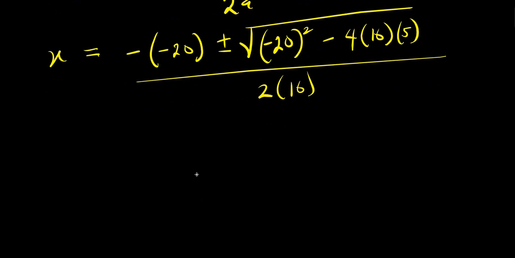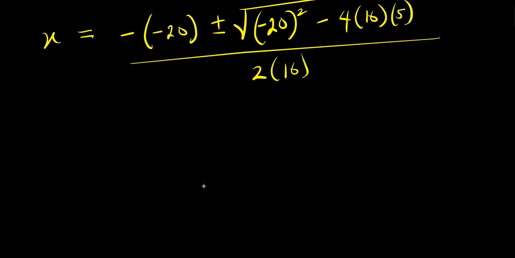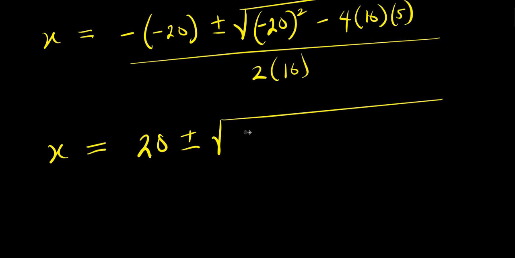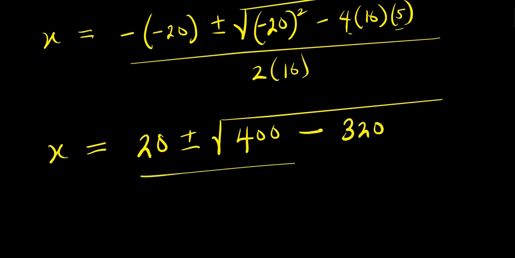So from here, what we are going to have is x equals 20 plus or minus square root of 400 minus 4 times 5, 20, 20 times 16 is 320, divided by 32.